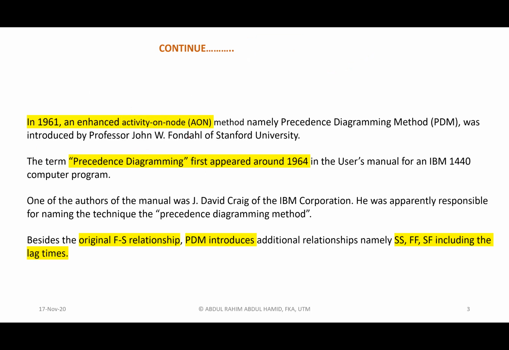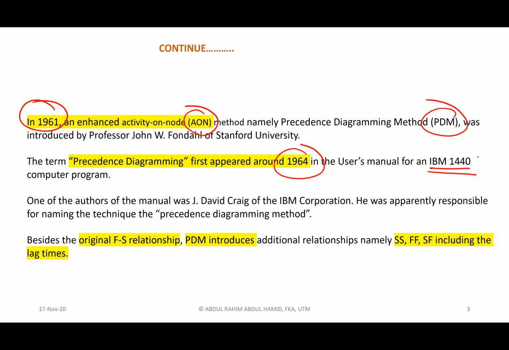Whereas AON diagram was developed way back in the 1960s. Later on, the enhanced version was called PDM diagram. PDM diagram was founded way back in 1964 and was used in IBM computer programming back then.